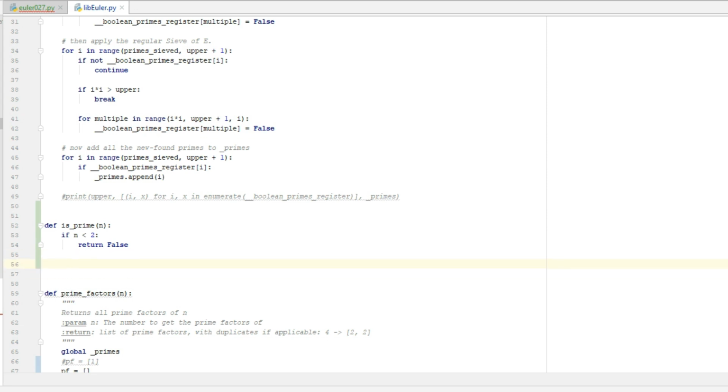Now we could make this use our prime factors method again, but that would call our prime sieve again, and I think that's very inefficient for looking at one specific number. So we are going to do this a little bit differently.